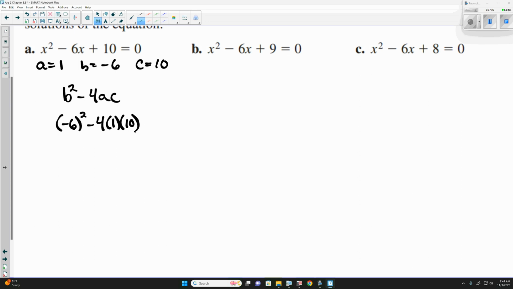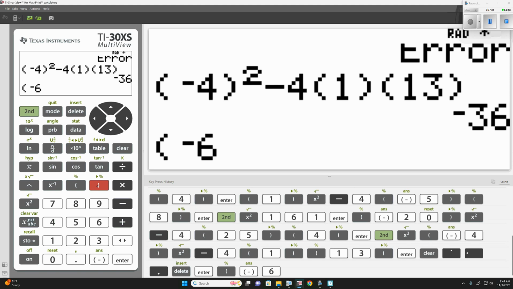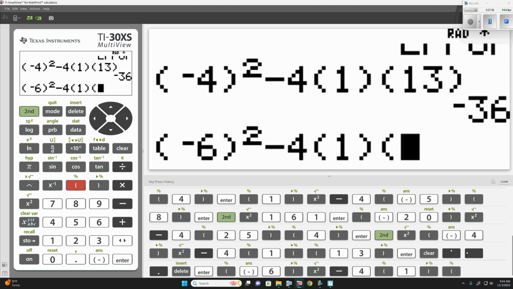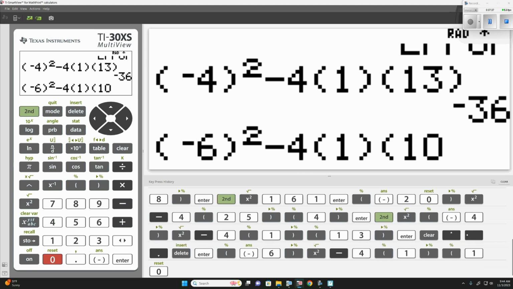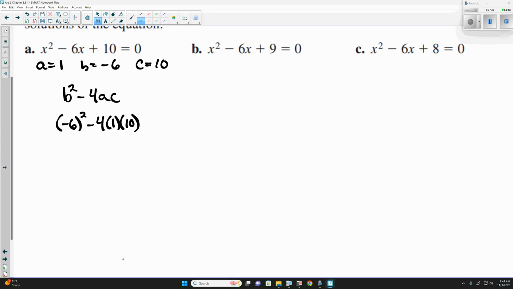We can type this in, either calculator. So -6 squared minus 4 times 1 times 10. And that gives us -4. So the discriminant's value for this here is -4.